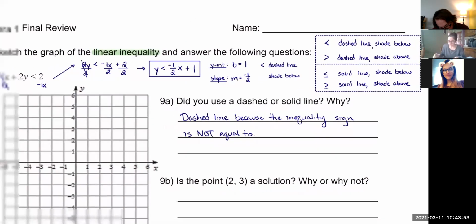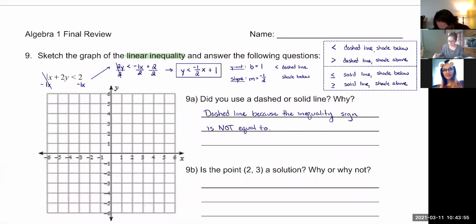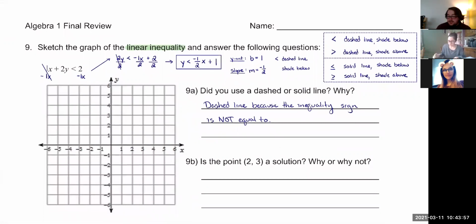Zoom out here just to kind of absorb everything. So we went through the process there, getting the y by itself so that it's in slope-intercept form. Identified the pieces of information we needed: the y-intercept, the slope, the type of line, where we're going to shade. Now we're ready to transfer that information to the coordinate plane itself.